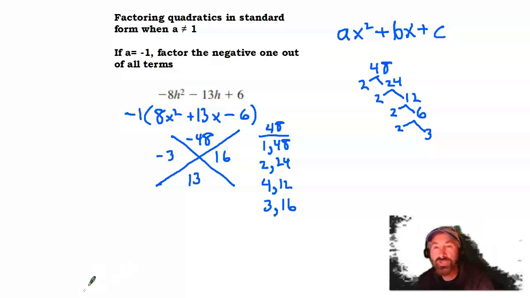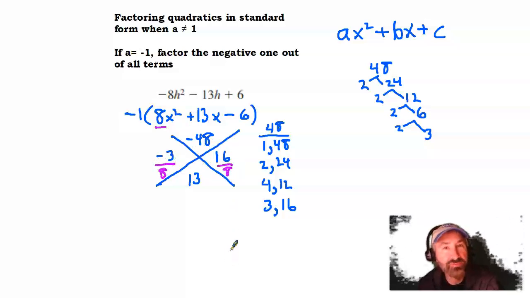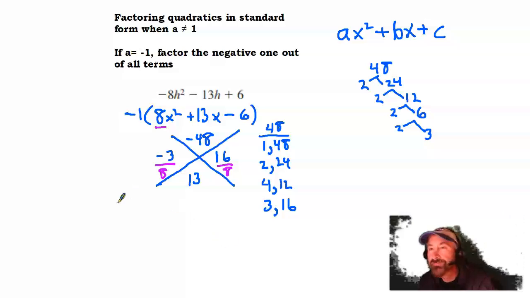There's only one little trick. In my previous video, I said when you have a number out in front of the x squared, you've got to divide this guy by that number, and you've got to divide this guy by that number. Again, I told you this would be a little bit of a review from the previous video. After you get that, if possible, you will reduce.